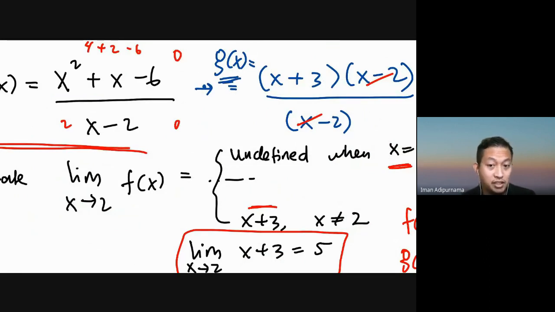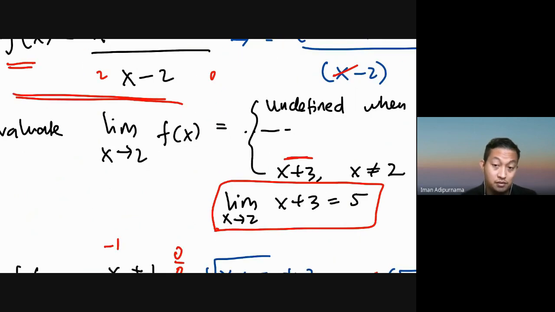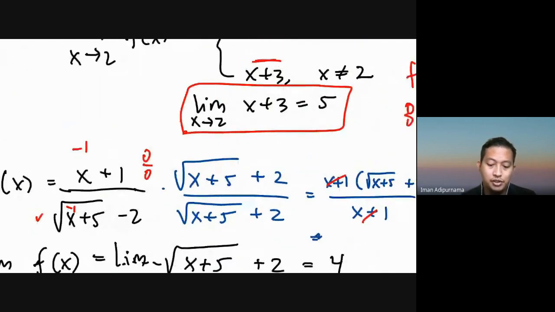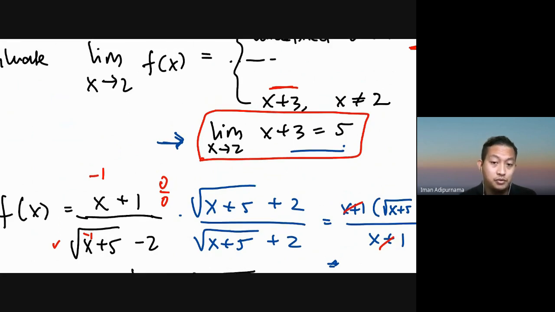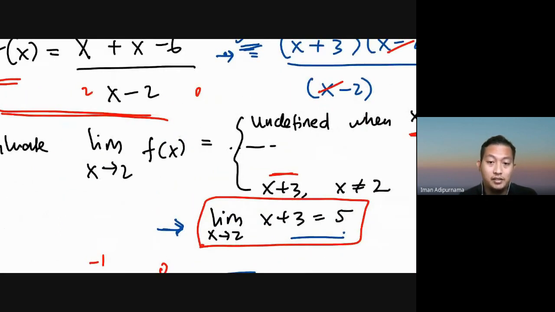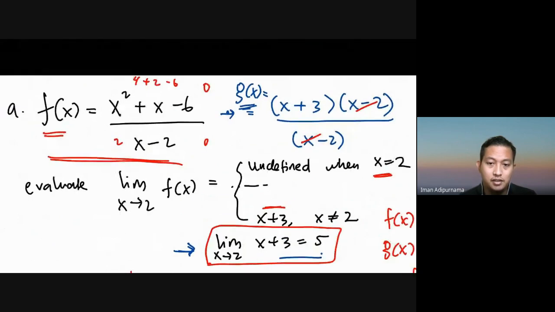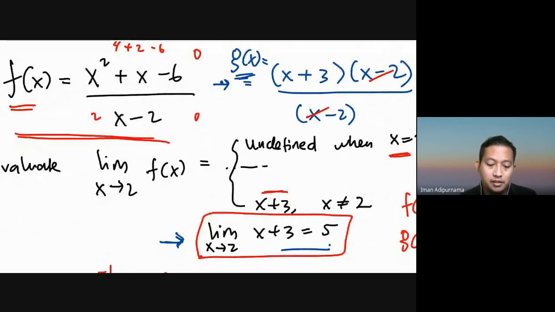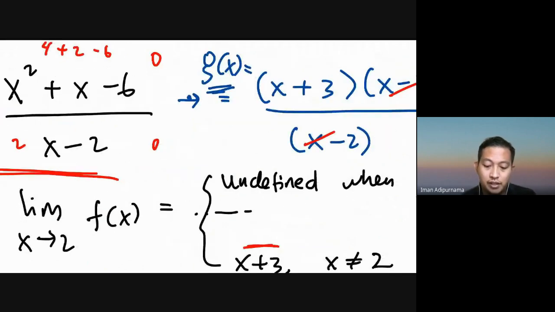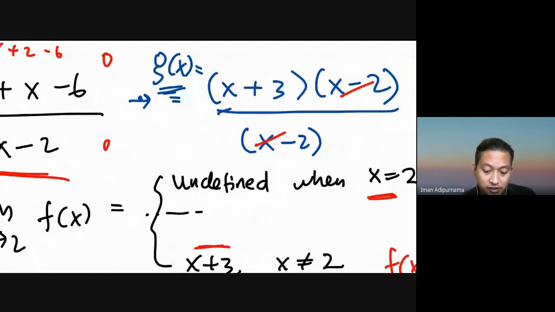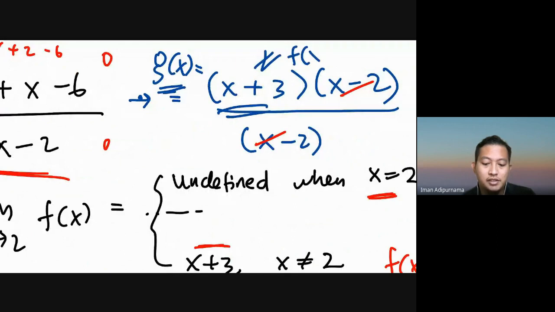But actually, if you're doing just regular calculations and you just write the last answer, 5, it's still correct. I just want to show you the real process behind the functions here. Here you can say that I can simplify this and it becomes x plus 3. This x plus 3 is not the same as the original function f. I hope you can understand that.